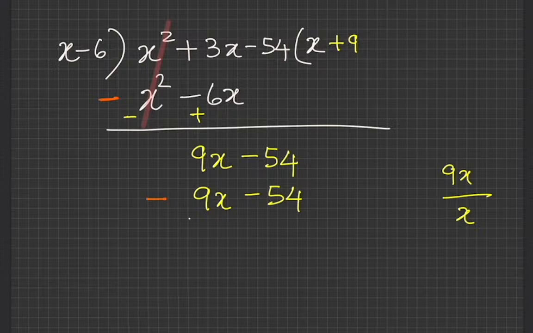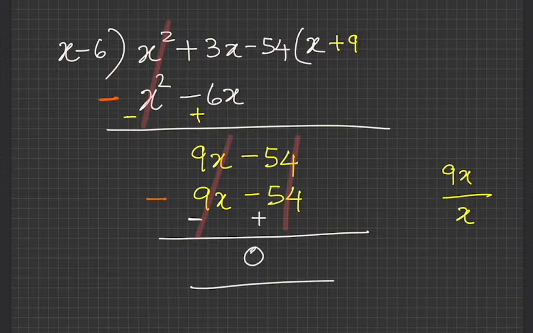I have a positive 9x, now that's going to become negative 9x. I have a negative 54, that's going to become positive 54. So these two cancel out. So I'm left with remainder 0. So this is my quotient. Yeah? Got it? Are you understanding me?